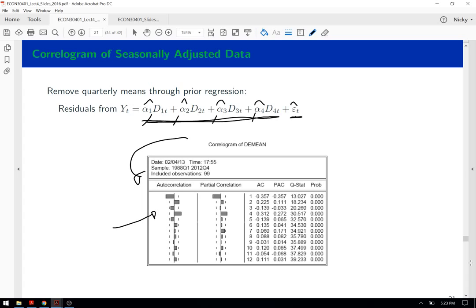Now we might think there's still remaining seasonality here. We may think that these correlations at the first 4 lags, because remember the data is quarterly, also reflect some seasonal pattern. But this could be what's known as stochastic seasonality.